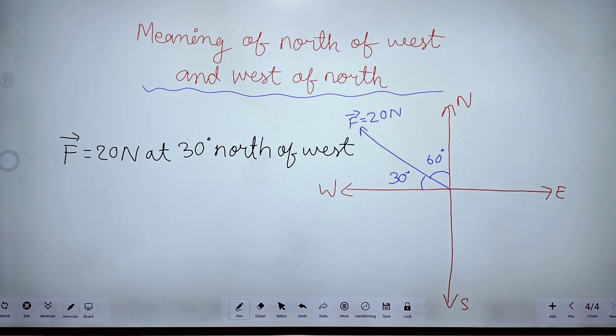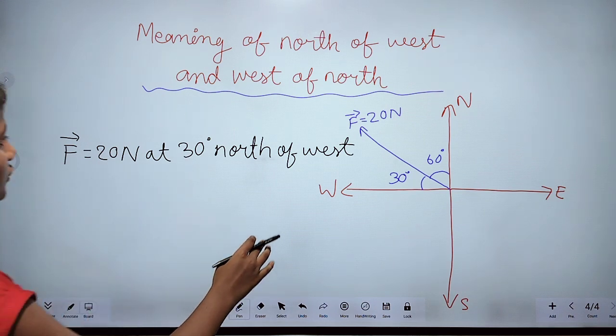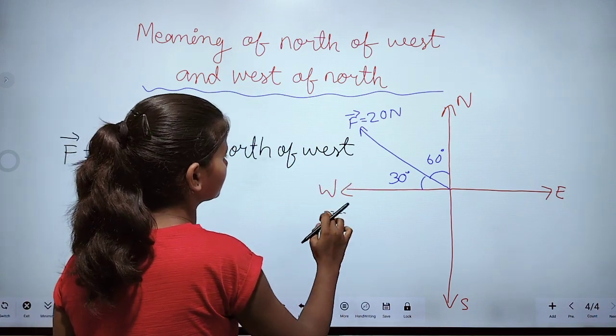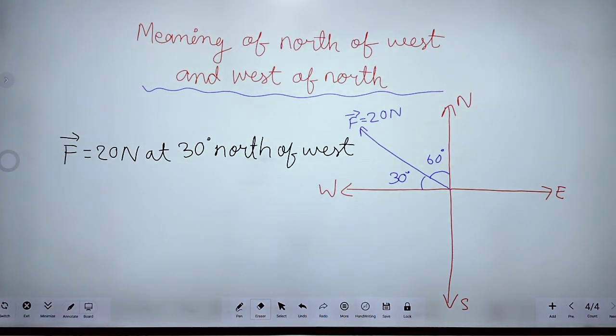And we know that the one with which the angle is formed is written last. 30 degree is formed with west, so that's why it is written last.